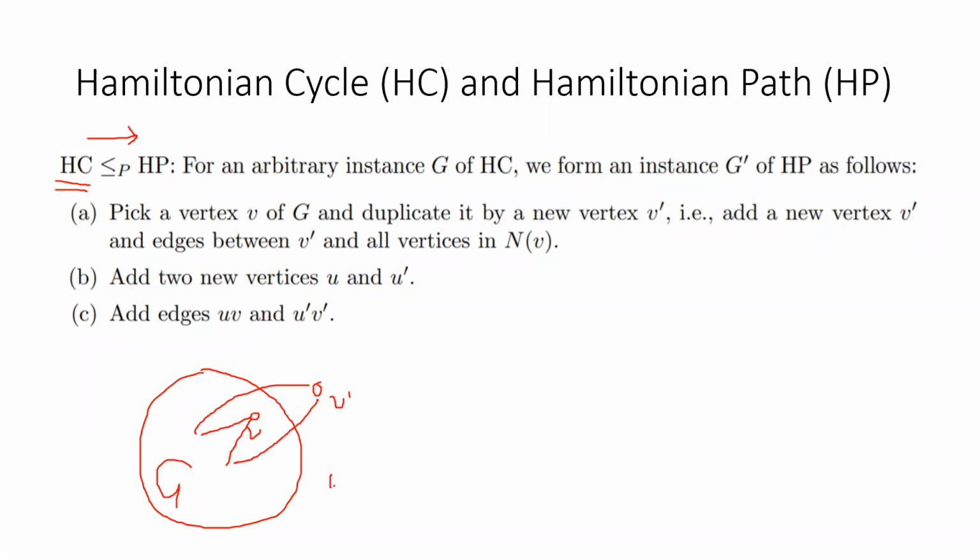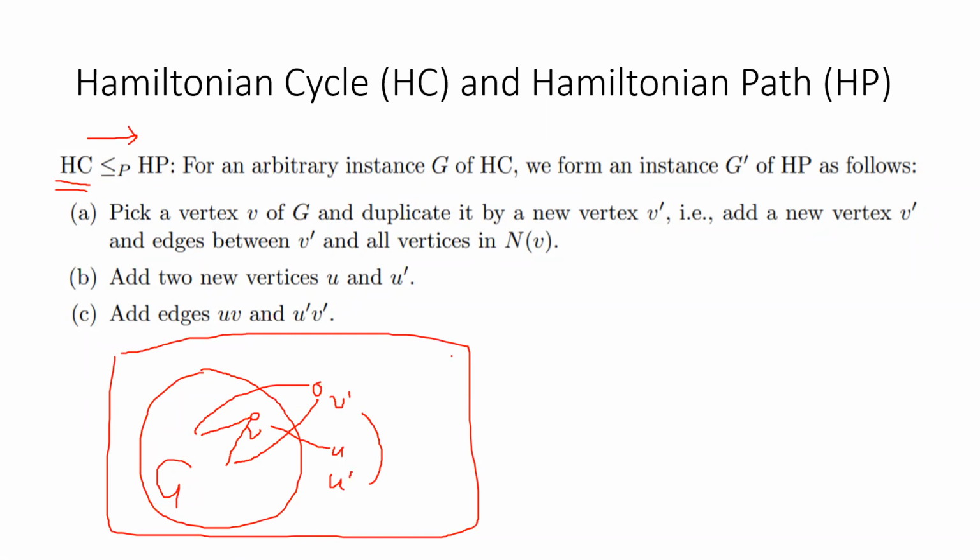And then we will also create two more vertices, U and U prime, and we connect U with V and U prime with V prime. And this new graph, let's call it G prime. So this is the created graph for the HP problem.